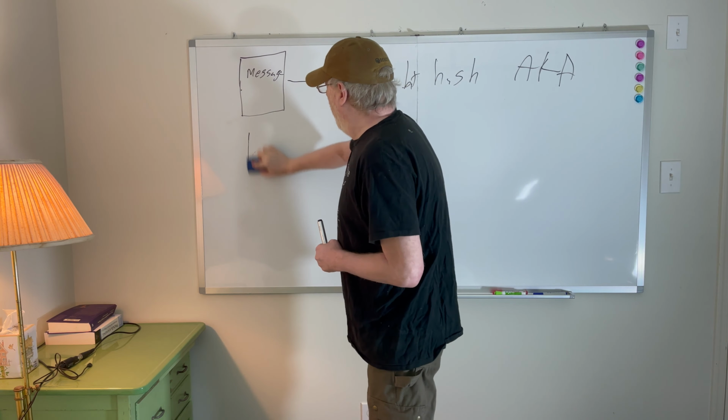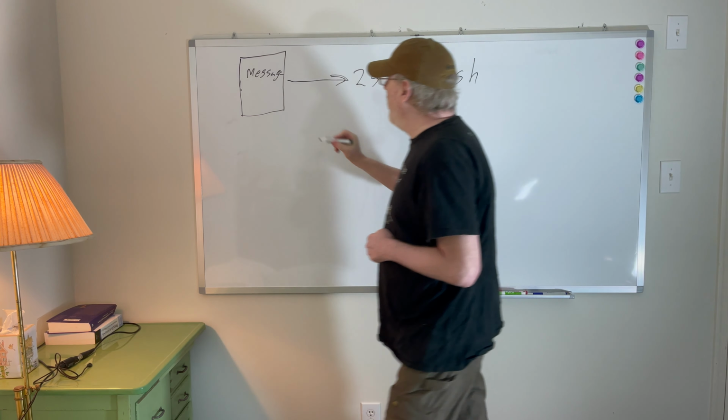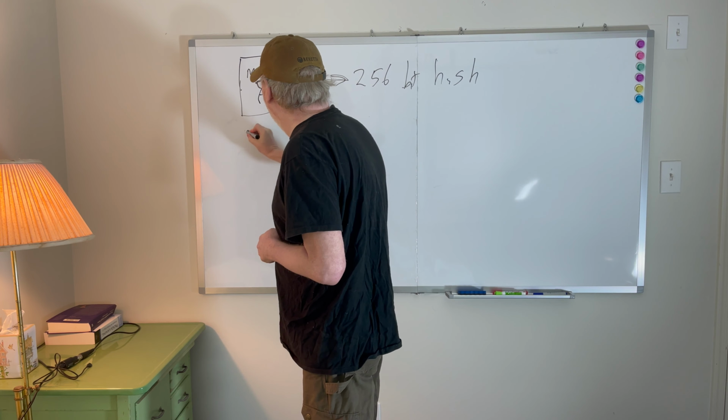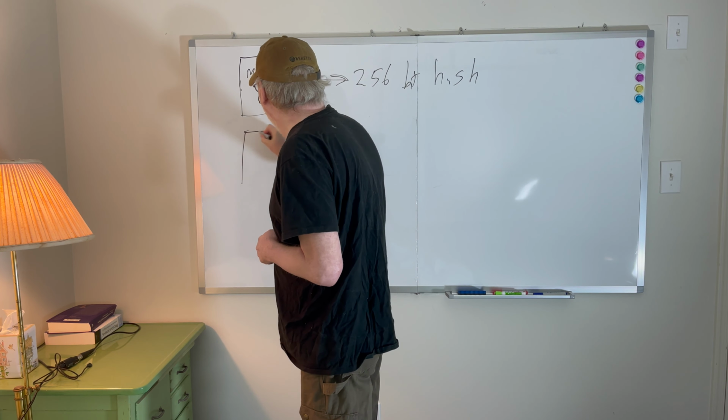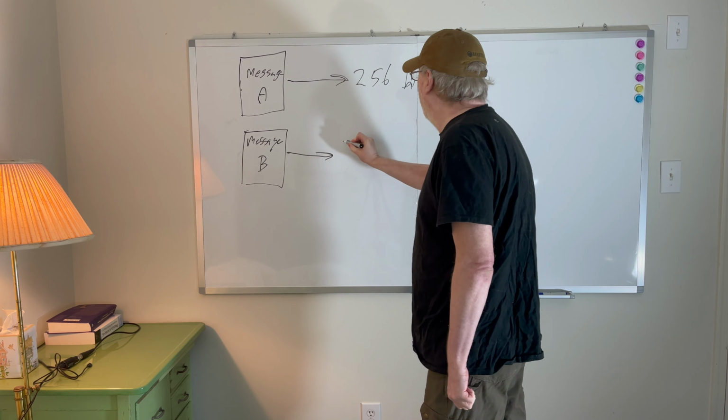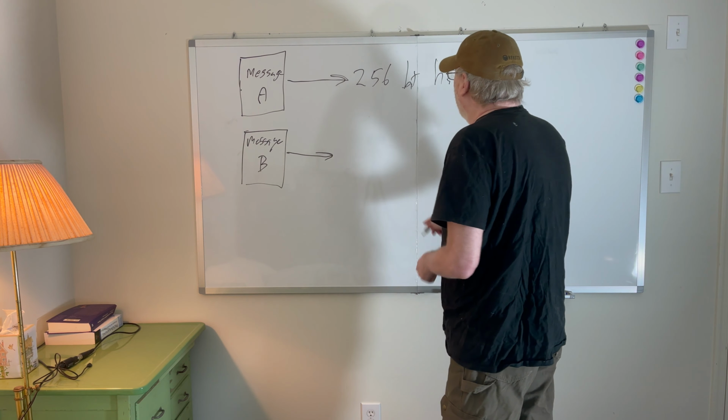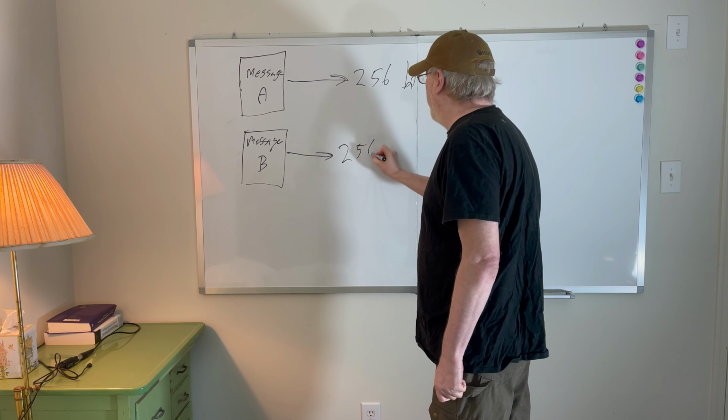the big property of the hashing algorithm is that it's what's known as pre-image resistant, meaning, so you've got message A, and message B, it also gives you a 256-bit hash.